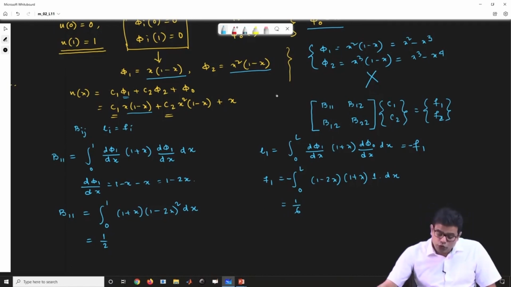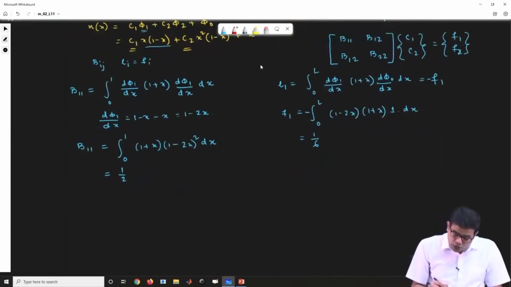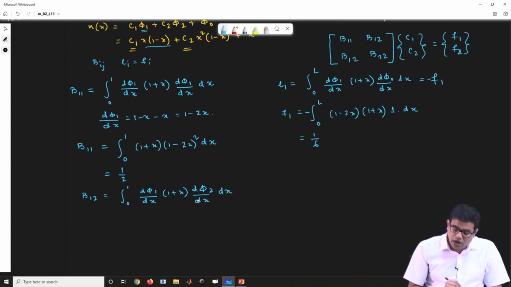Similarly, if I choose b12, b12 will be the integral 0 to L, or 0 to 1, of d phi 1 by dx into 1 plus x into d phi 2 by dx into dx.